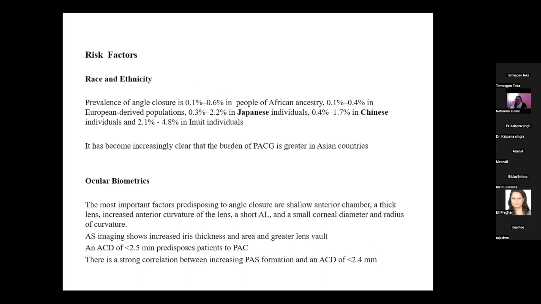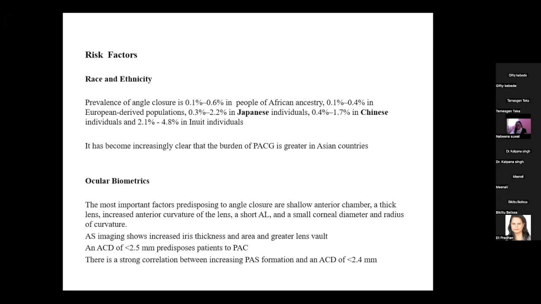Risk factors for primary angle closure are race and ethnicity. It is seen that in Japanese individuals and in the Chinese population, the prevalence is very high. Another risk factor is the ocular biometrics.